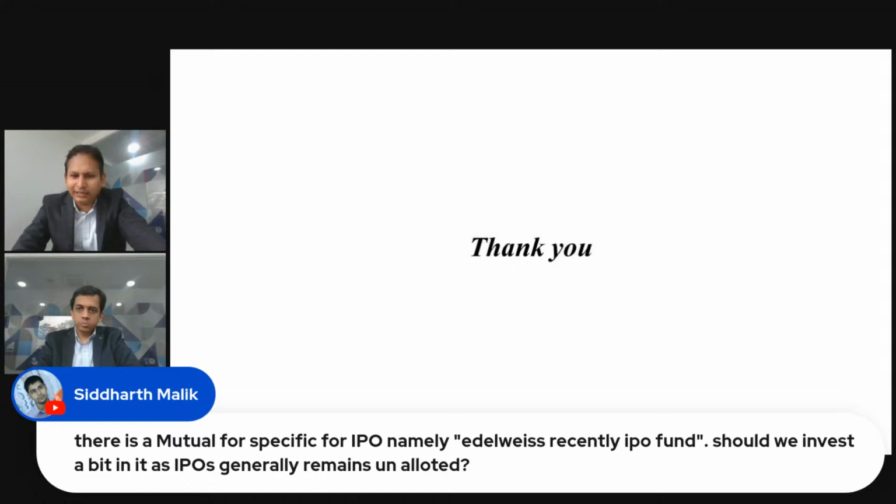So we will take the last question of the day from Siddharth ji. There is a mutual fund specific for IPOs, namely Edelweiss Recently IPO Fund. Should we invest a bit in it, as IPO generally remain unallocated? Siddharth ji, I would not recommend you to invest in such a specific thematic IPO fund, because I was just going through their portfolio.